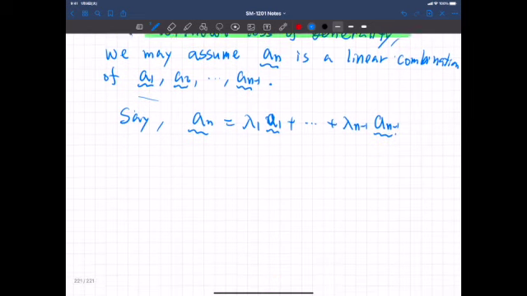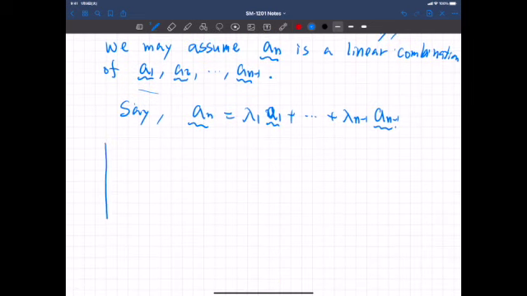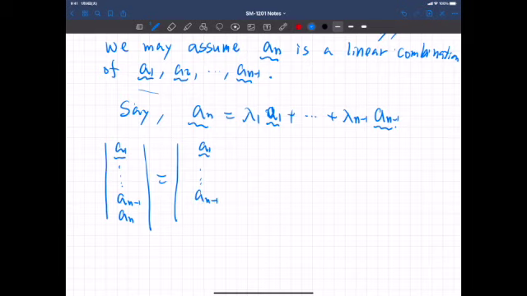Then this determinant of A1 up to A n minus 1, AN is this: A1 up to A n minus 1, lambda 1 A1 plus up to lambda n minus 1 A n minus 1.